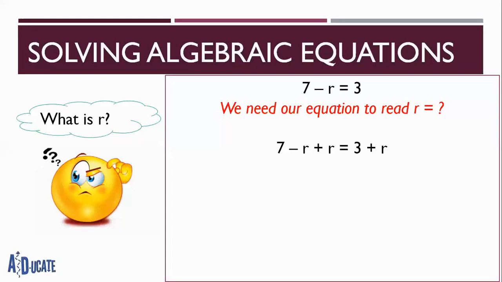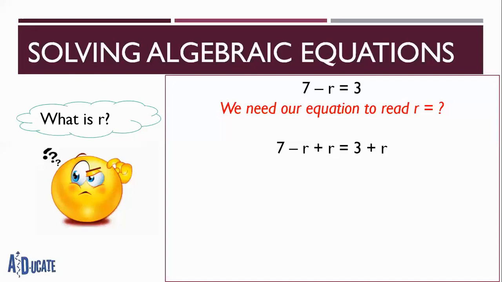So what we are trying to do is get rid of stuff on one side of our equal sign by doing the opposite of what it asked us to do in the beginning. Now, because of the equal sign, whatever we do on the left, we must do on the right. Whatever we do on the right, we must do on the left.